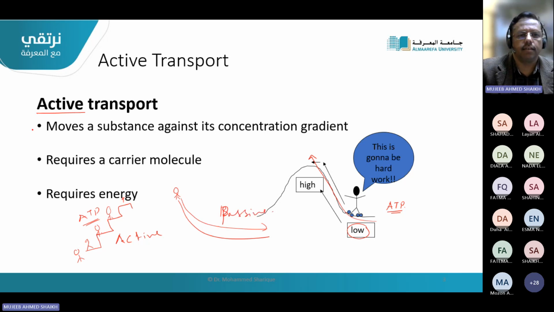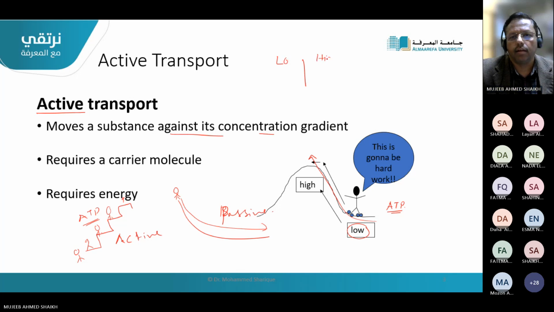So three things are there for active transport. First, it moves the substance against the concentration gradient. Gradient means here is low and here is high, low concentration and high concentration. Normally it is moving this way, high to low, but in active transport it moves from the lower side to the higher side, against the concentration gradient.